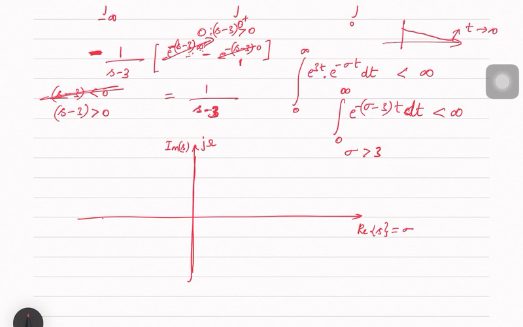You see that the convergence condition doesn't depend on the imaginary part. It depends only on the real part. Suppose this is sigma equal to 1, sigma equal to 2 and sigma equal to 3, for the given signal x of t equal to e power 3t. Now sigma has to be greater than 3.